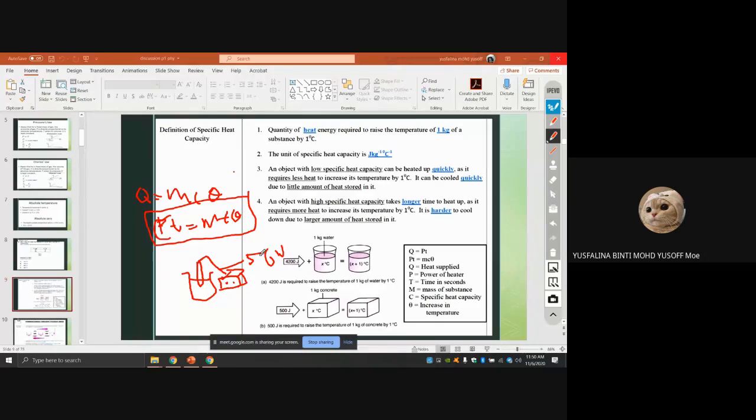We assume that the electrical energy is equal to the heat energy. Where does the electrical energy come from? It comes from the power supply. So we assume the energy supplied by the power supply is the same as the heat energy that the water gets. So this is the formula. Alright, then next one.